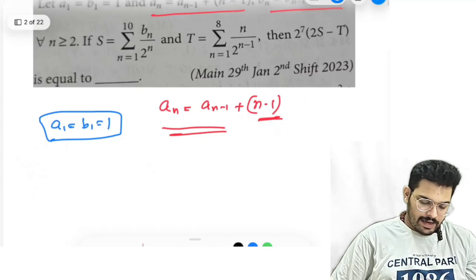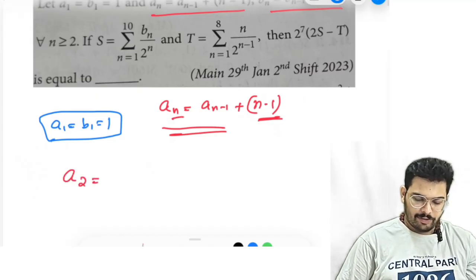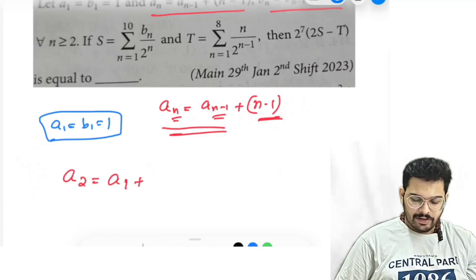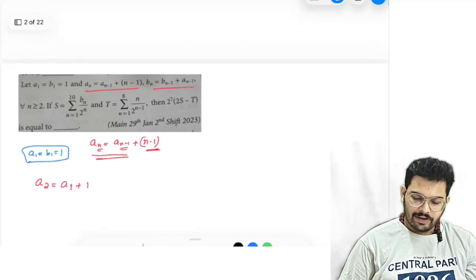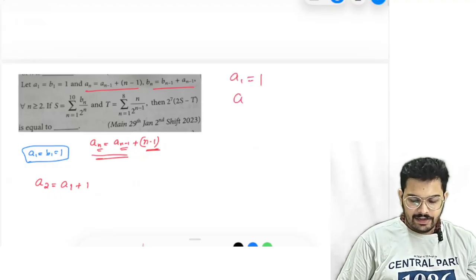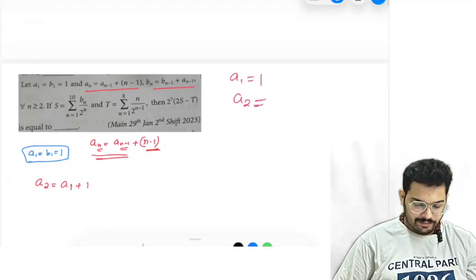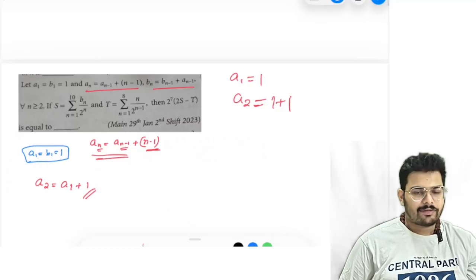a1 is 1. If you want to find a2, put n equal to 2: a2 equals a1 plus 2 minus 1, which is 1, so a2 is 1 plus 1.